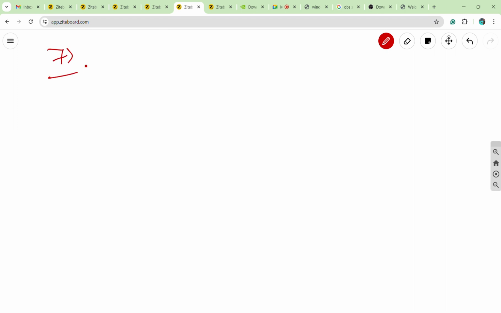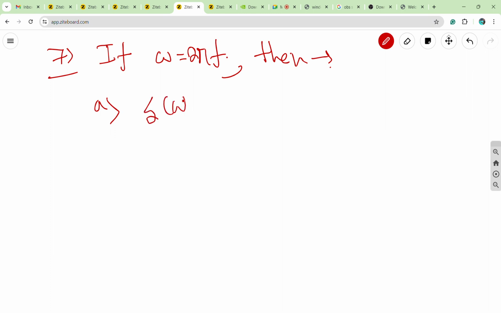Question number 7 is about a delta function. If omega is equal to 2 pi f, then tell me the true statement. Option A: delta of omega is equal to 1 by 2 pi delta of f.